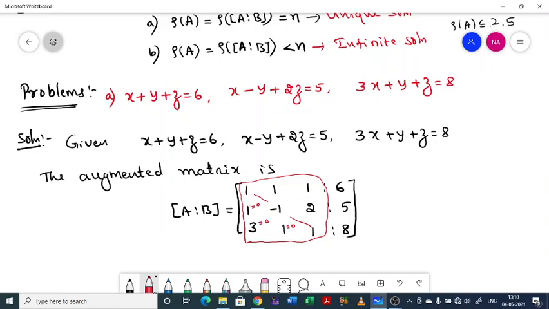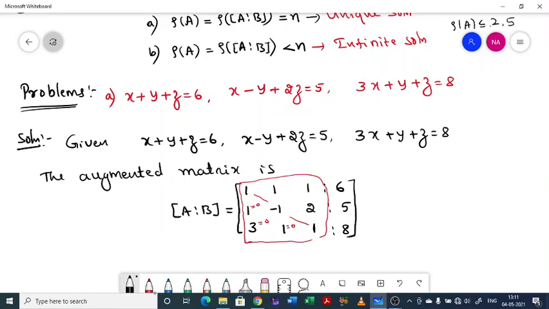Then after reducing this, we will get this entry, so this automatically will be either 0 or non-zero. Strictly speaking, you have to reduce this coefficient matrix to echelon form, then compute the rank of that matrix. But not necessary to worry about the echelon form.